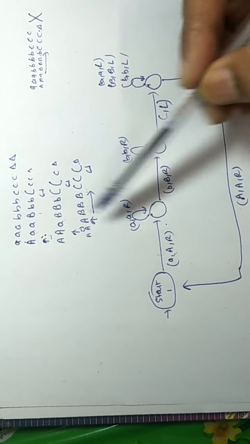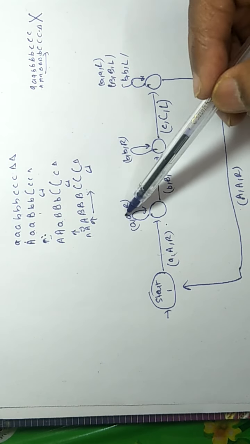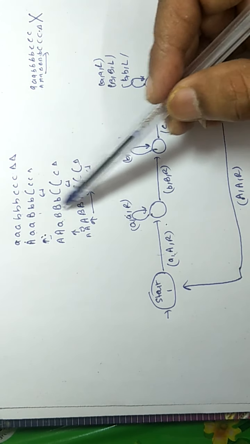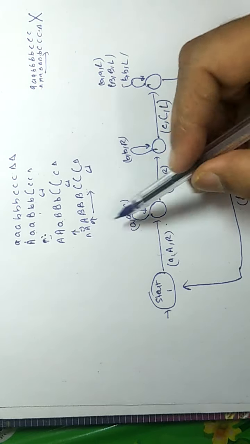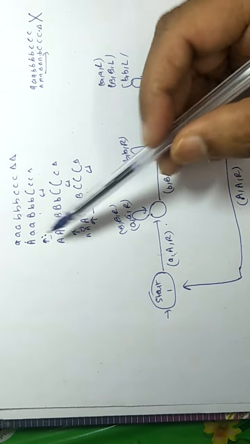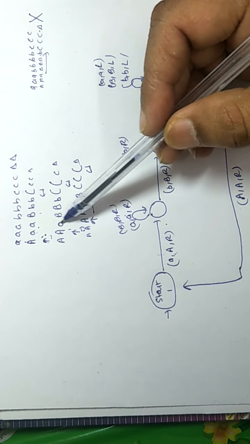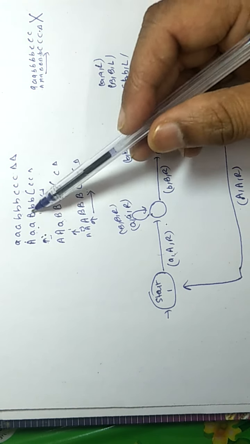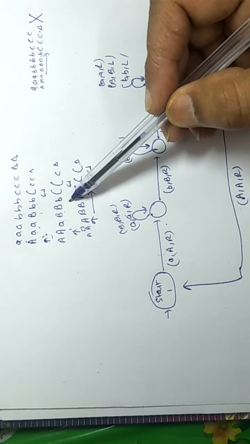We convert it. Now we will get a small b, and before getting a small b, we can get capital B's also. We convert it. Moving forward, we get small b, then capital B's, then small b.